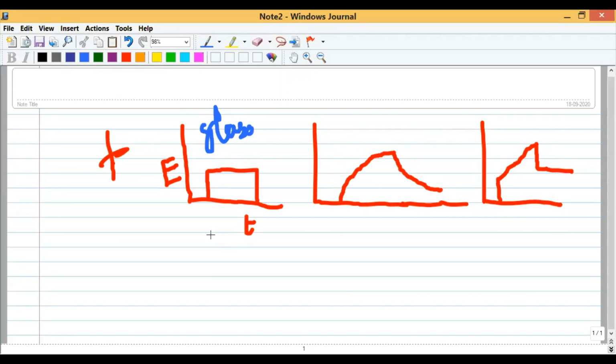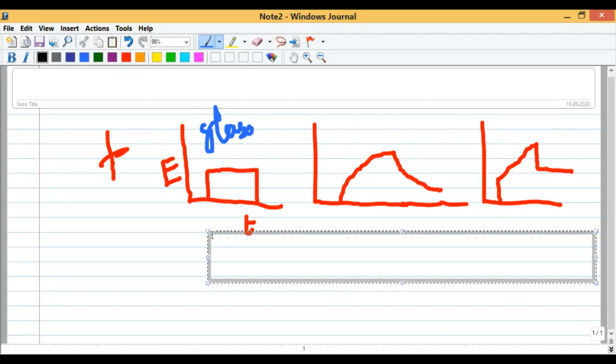So this is represented by glassy systems, whereas the material under this curve and this curve.